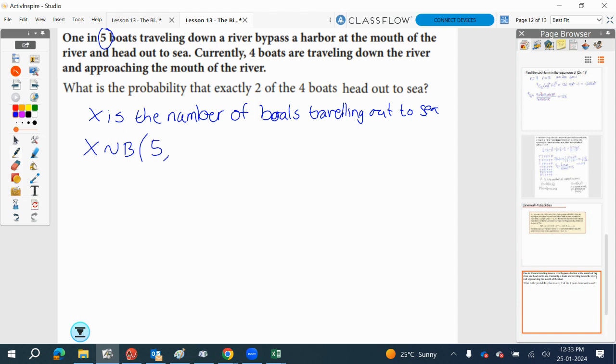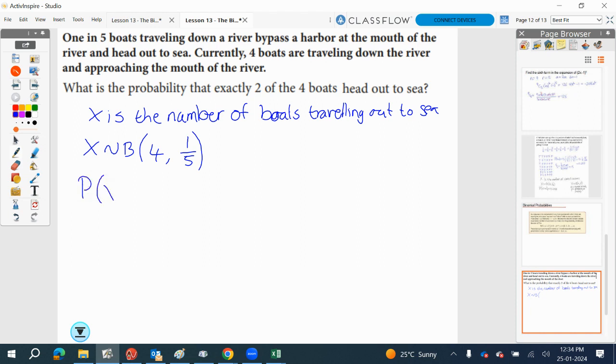What is the probability that a boat will bypass the harbor? 1 in 5.